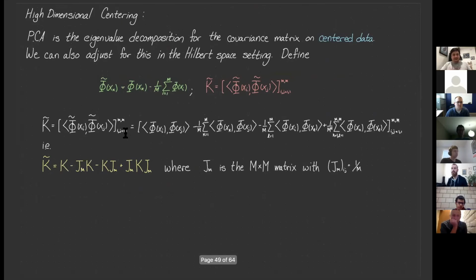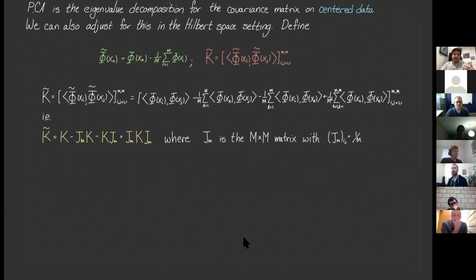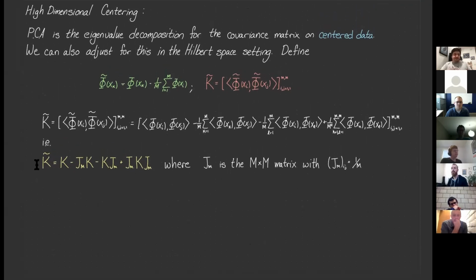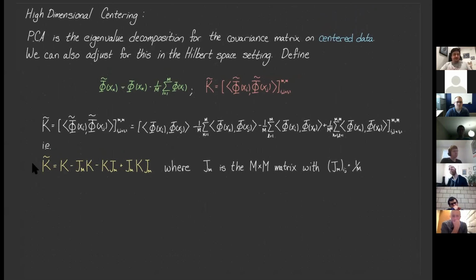We do everything in terms of the kernel. And so we just take our Gram matrix and adjust for it with these matrices, J sub m. And so now you can just run the PCA procedure on this new matrix K tilde here.